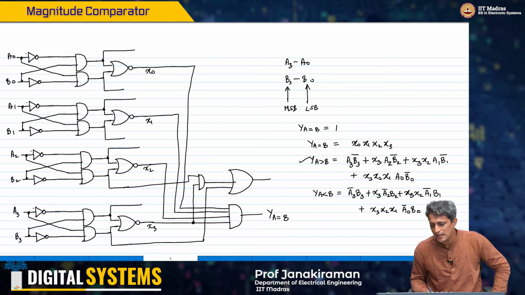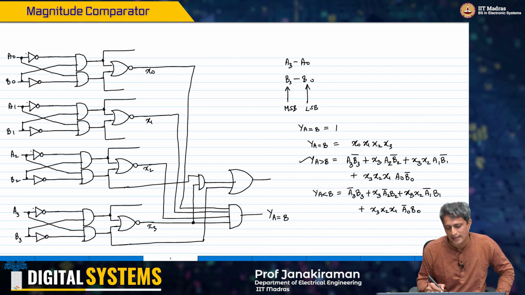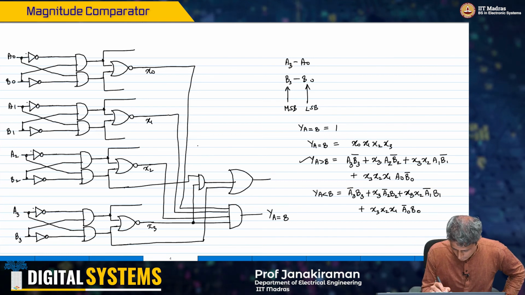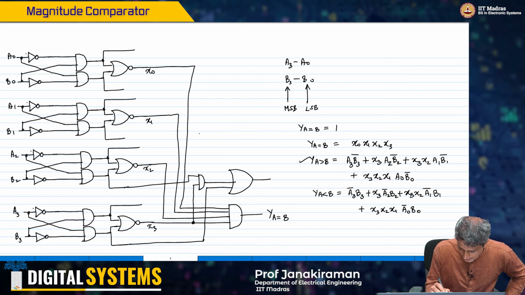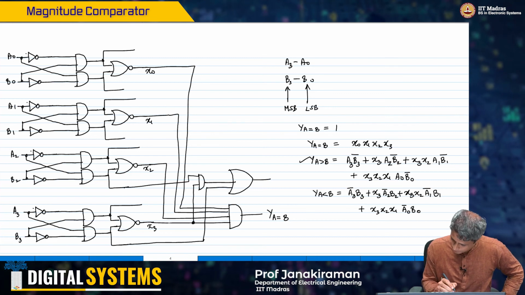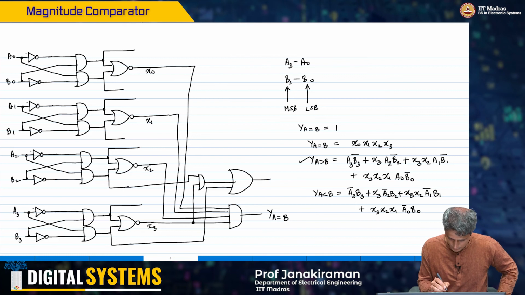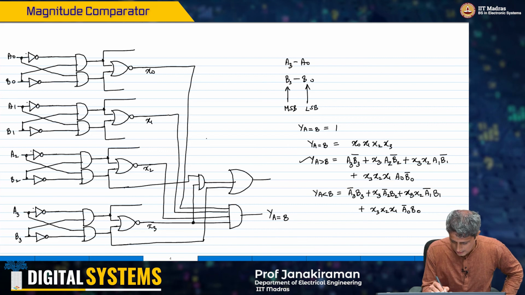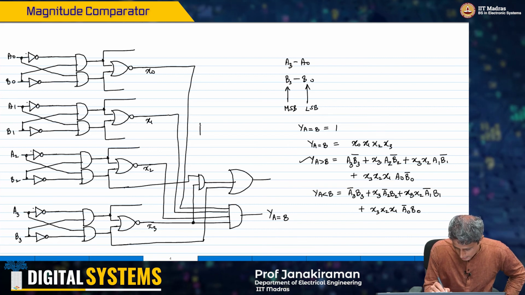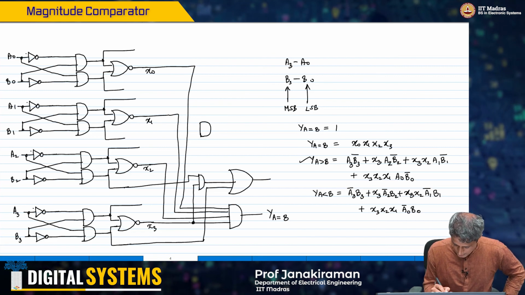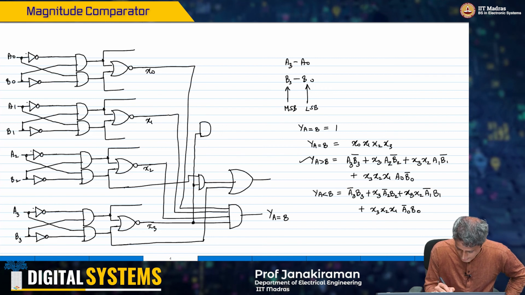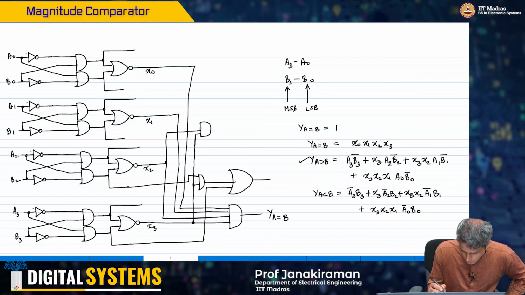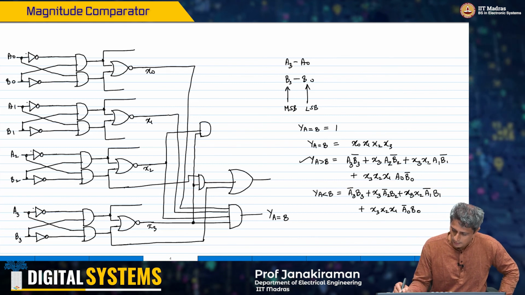Okay. Then I need to do x3 and x2. So, for that I have another AND gate here, which is, yes, this is x3 and x2, right. So, I can have another AND gate here, which is x3 and x2, right?